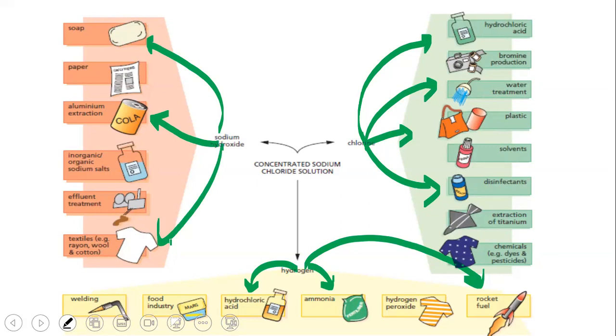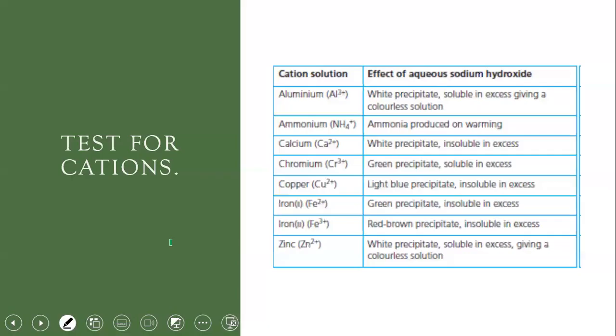This is why it's a huge industry process: they make hydrogen, chlorine, and sodium hydroxide, and then sell it further to other people so they can make different products. So this is electrolysis of concentrated sodium chloride. All clear, right? No confusion so far?